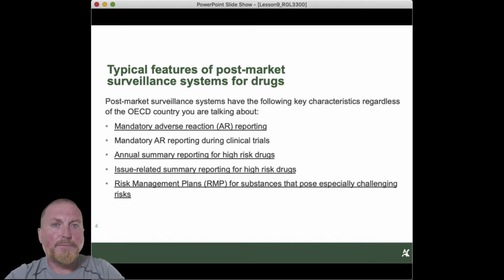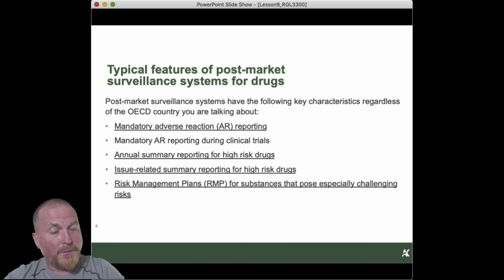And so you will find that most OECD countries have very similar approaches to post-market surveillance when it comes to pharmaceuticals, including mandatory adverse reaction reporting, mandatory adverse reaction reporting during clinical trials, annual summary reports for high-risk drugs. Remember what we said, right? The post-market surveillance is a life cycle concept.